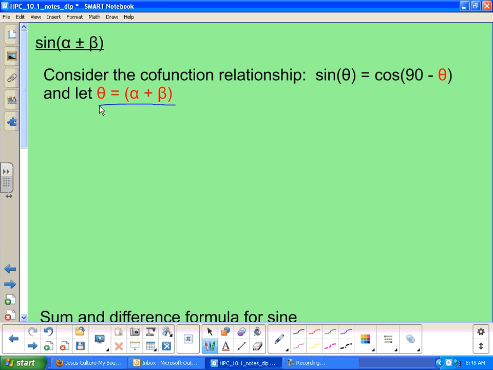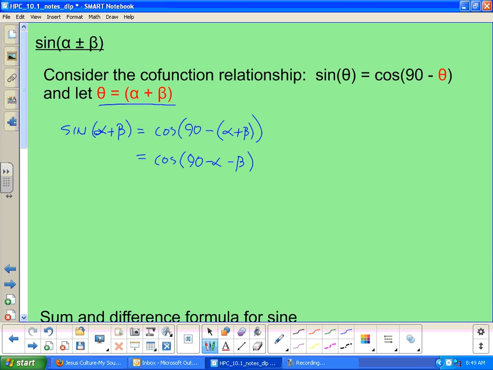All right, so doing that, substituting theta with alpha plus beta, we get sine of alpha plus beta, which is equal to the cosine of 90 minus this alpha plus beta. Doing a little work inside the parentheses, we get 90 minus alpha minus beta.